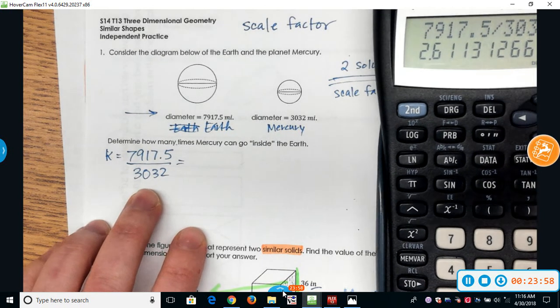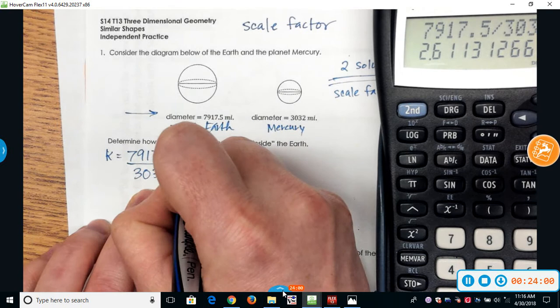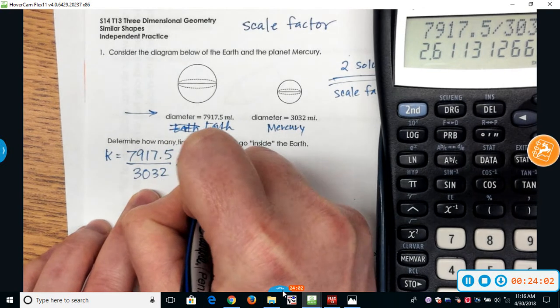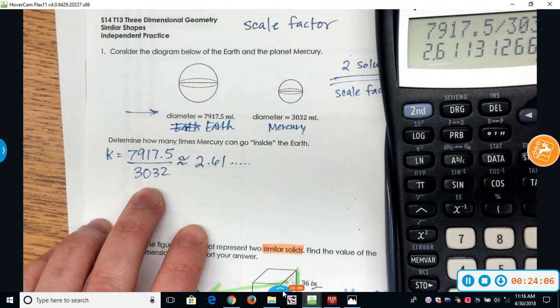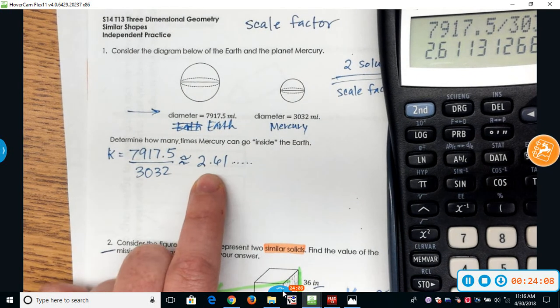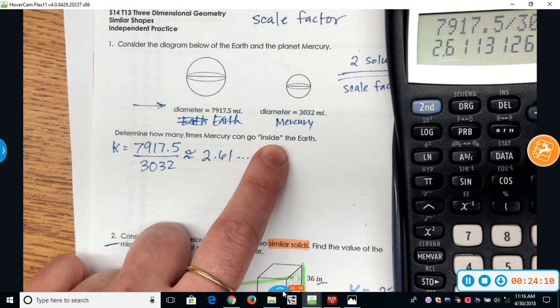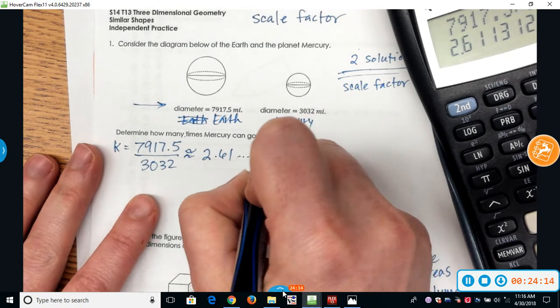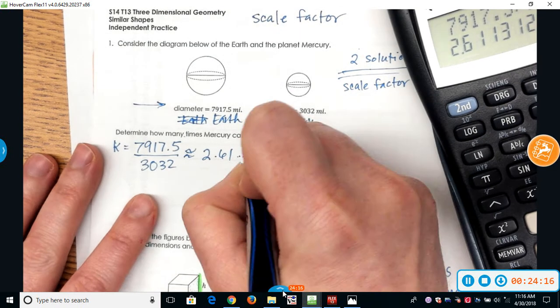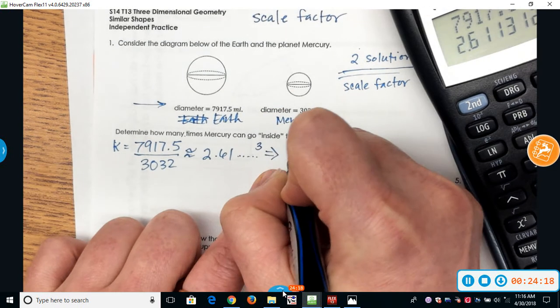That is approximately 2.61 and so on. That's my K. Now again, I'm dealing with volumes here, so I need to take this, cube it, and this will be the number of times.